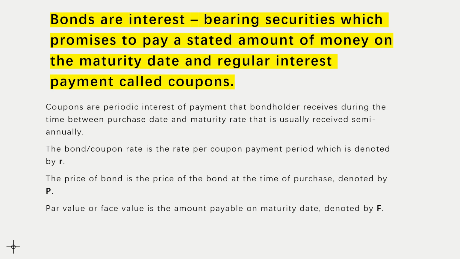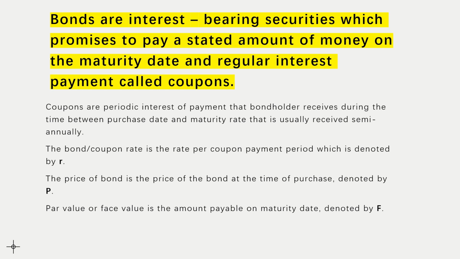But here in business math, we define coupons as periodic interest payments that bondholders receive during the time between purchase date and maturity date, usually received semi-annually. So the bond or coupon rate is the rate per coupon payment period, which is denoted by the variable R.